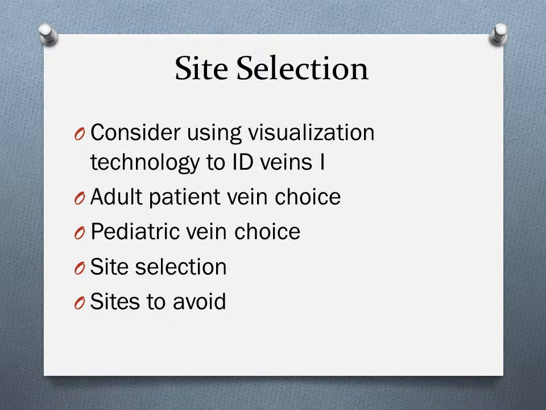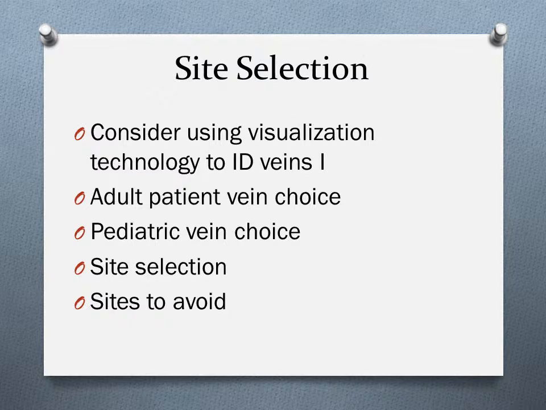So site selection should be initiated routinely in the distal areas of upper extremities. Subsequent cannulation will then be made proximal to the previously cannulated site. So you can always go above, but you should never go below a previous IV site.